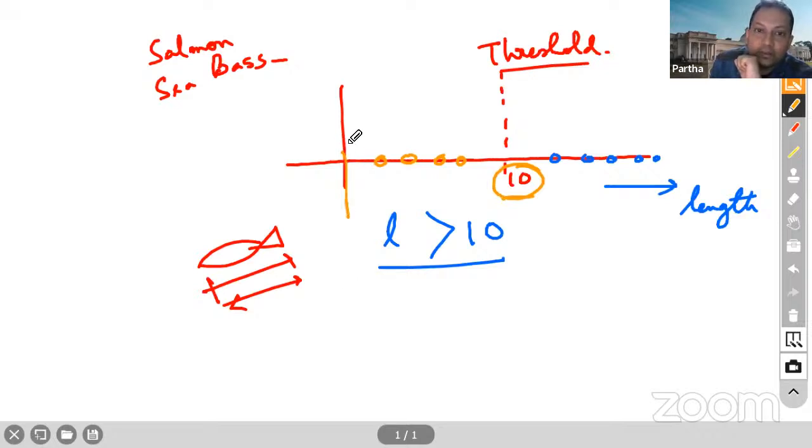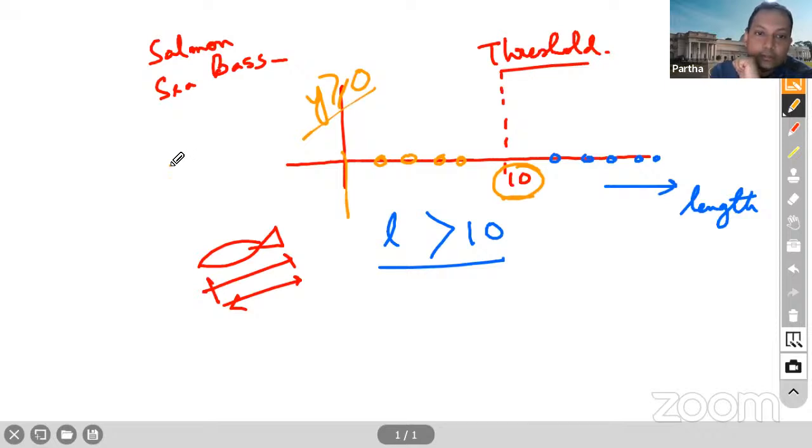If the threshold is always 0, I cannot distinguish these examples, because all of them are positive. If y is always greater than or equal to 0, there will be only one category and no second category.